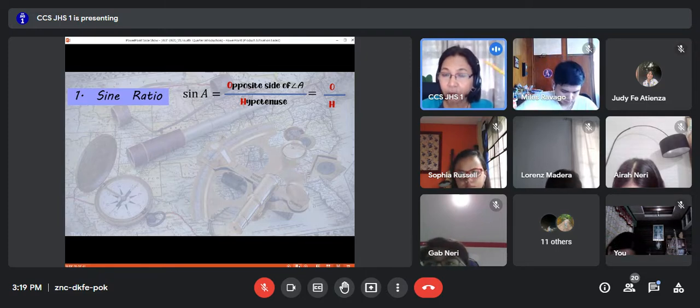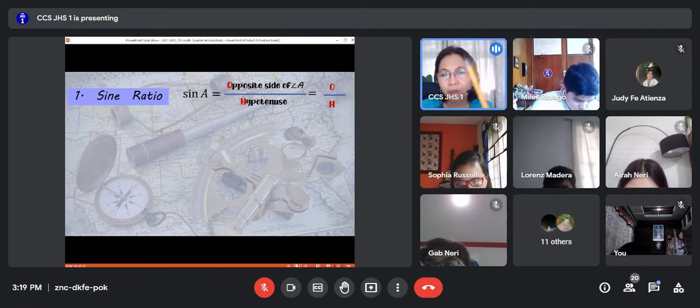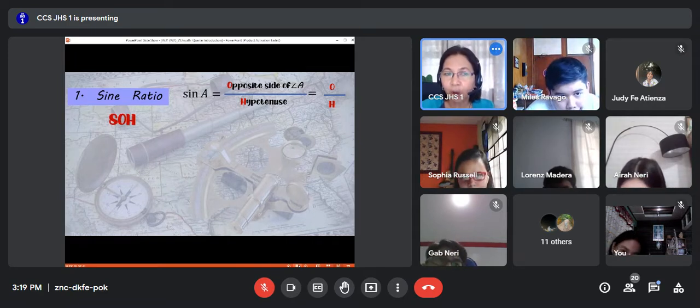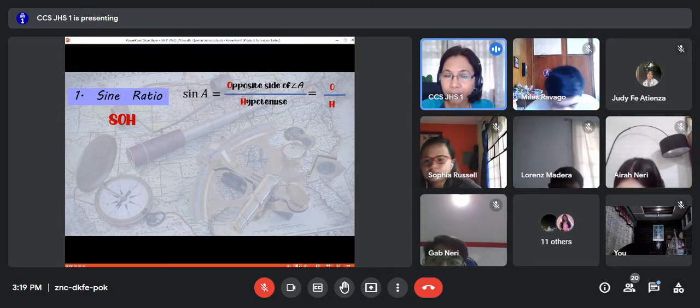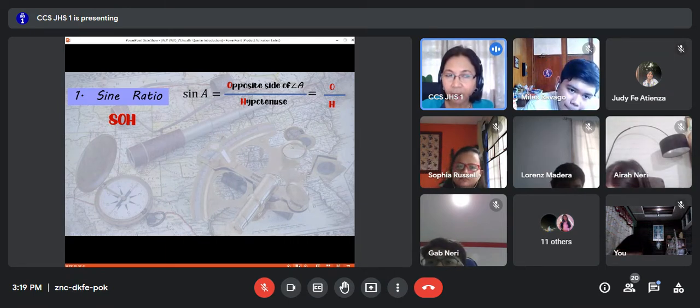So do not focus on a, b, and c; focus on opposite side over hypotenuse. So you have O over H, or our symbol for that is SOH. Sine of the angle is equal to opposite over hypotenuse. So, SOH.